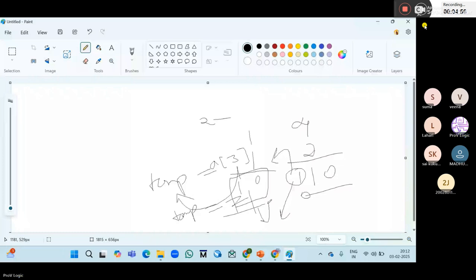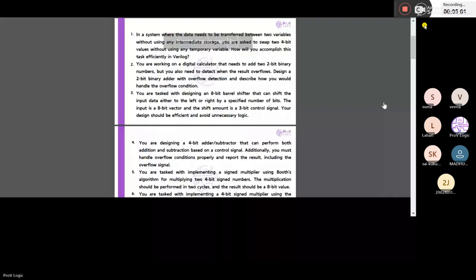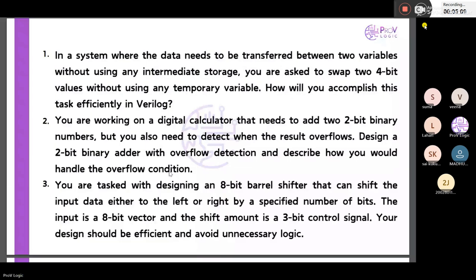Next, third one. You are tasked with designing an 8-bit barrel shifter that can shift the input data either to the left or right by a specified number of bits. The input is an 8-bit vector and the shift amount is a 3-bit control signal. Already we have seen shift operations, right shift and left shift.